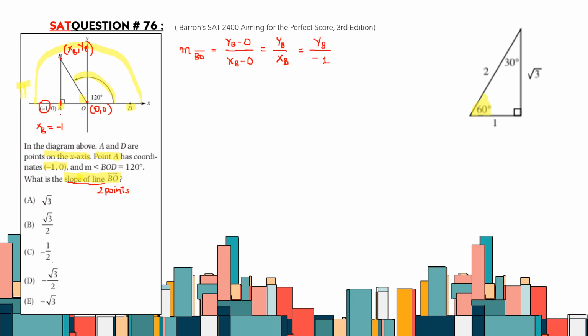Now y sub b is what value right here? You see that the length from O to y sub b is the same length as AB.